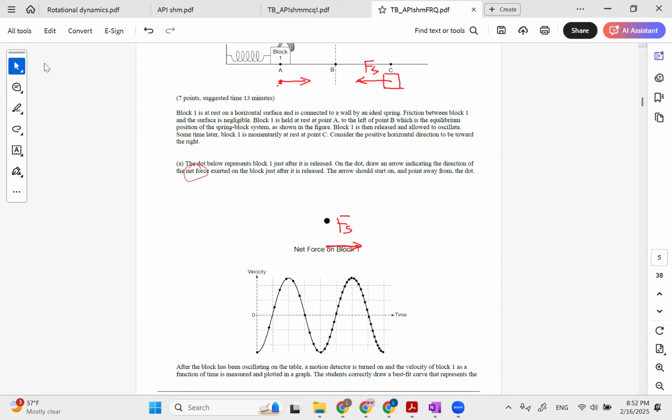Okay. Now, you read this part? Richard, you read it? After the block has been oscillating on the table, a motion detector is turned on and the velocity of block 1 as a function of time is measured and plotted in a graph.